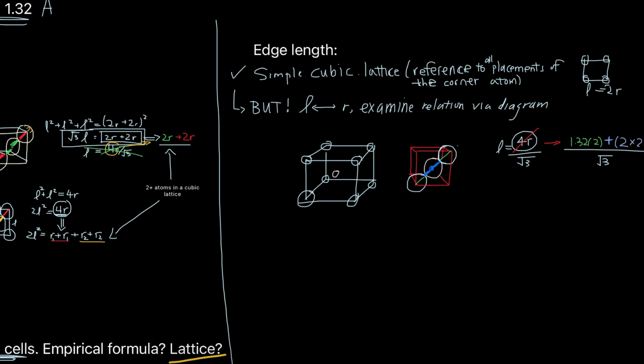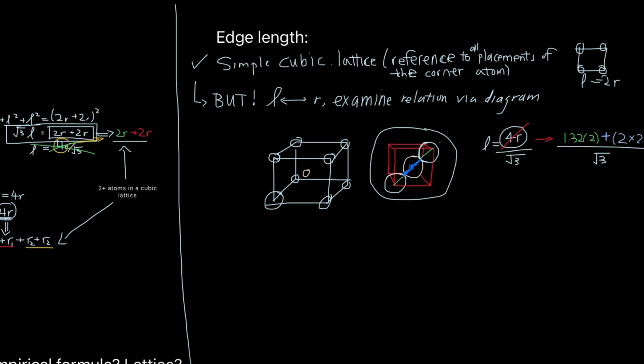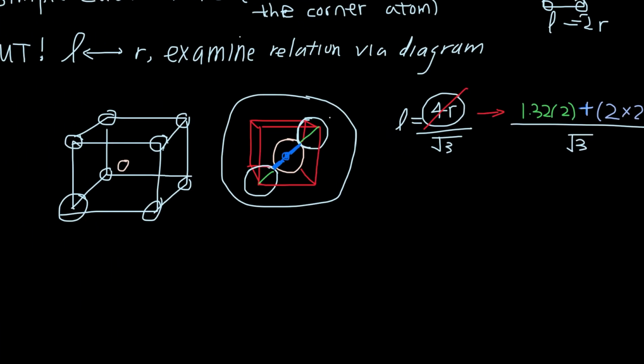But if we draw out our picture in bigger detail, we realize that the edge length and the radius relationship more resembles that of a body-centered cubic lattice. So you could do the derivation to find the length, but I'm just going to steal the formula that they derived for the body-centered cubic lattice.